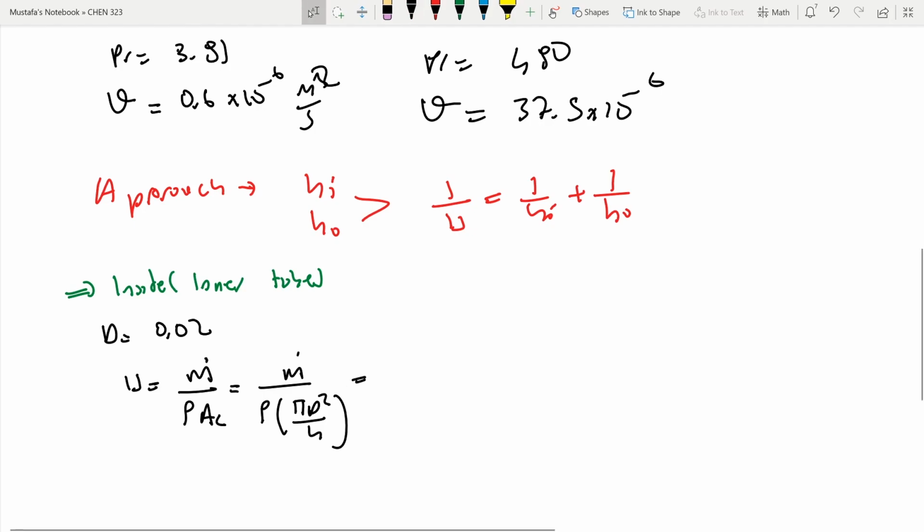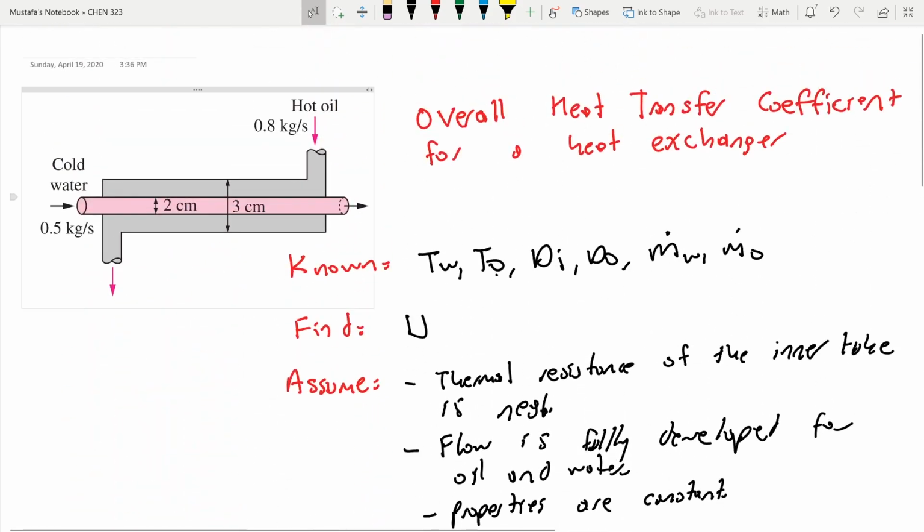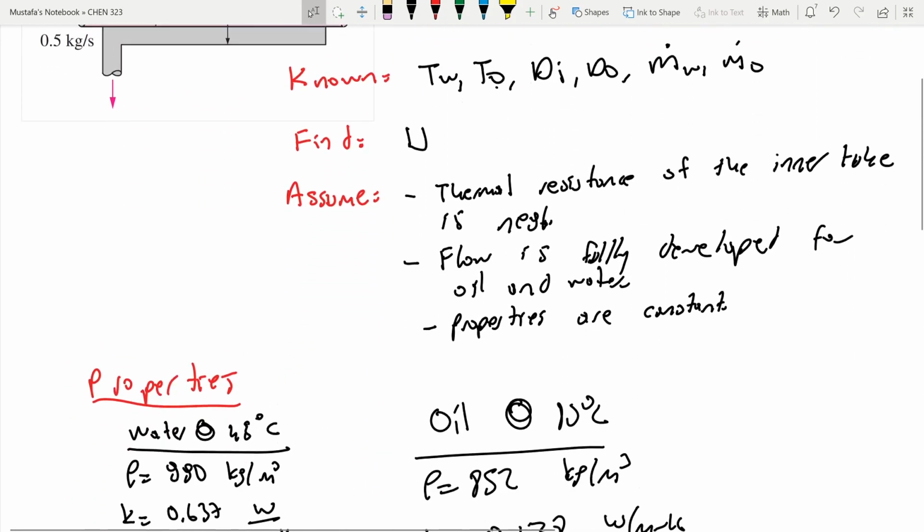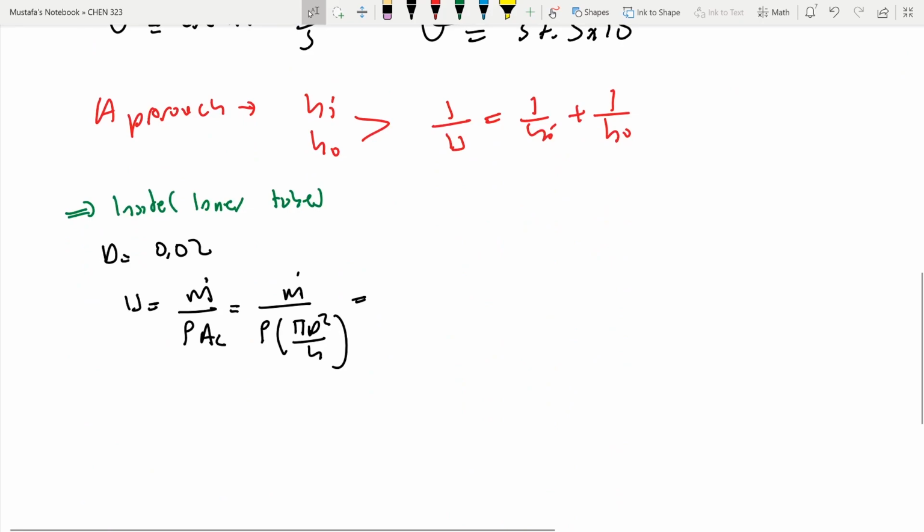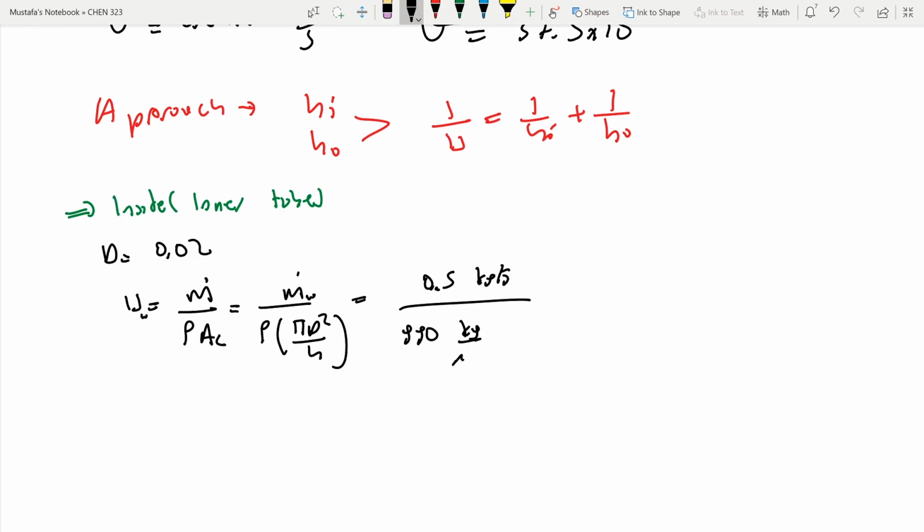For the inside, we have cold water. So 0.5 kilogram per second divided by 990 kilogram per meter cube, times pi, diameter 0.02 squared. If you do the math, you'll get 1.6 meter per second.